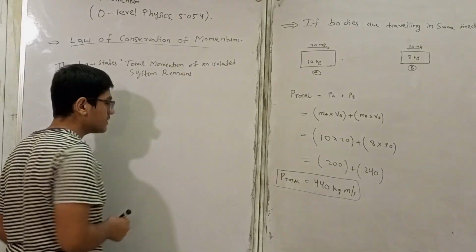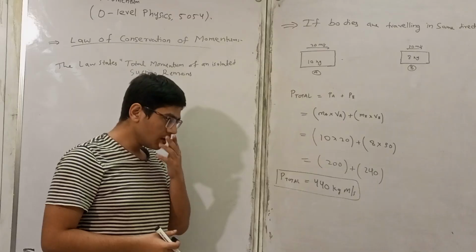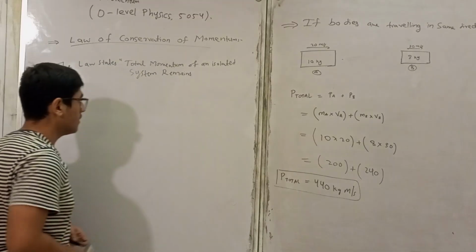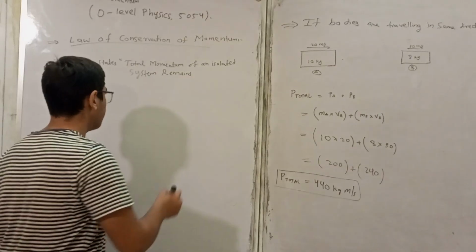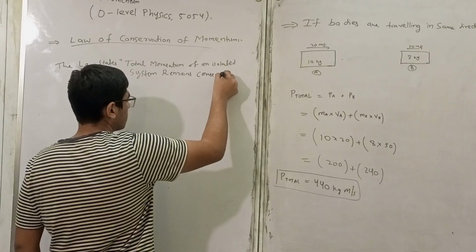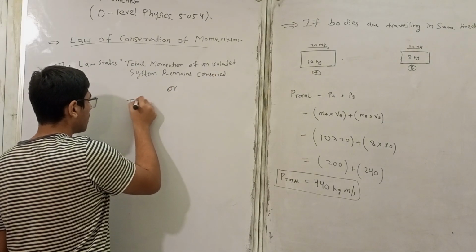Isolated system means that the system which is not affected by any of the external forces like friction, air resistance, gravity.